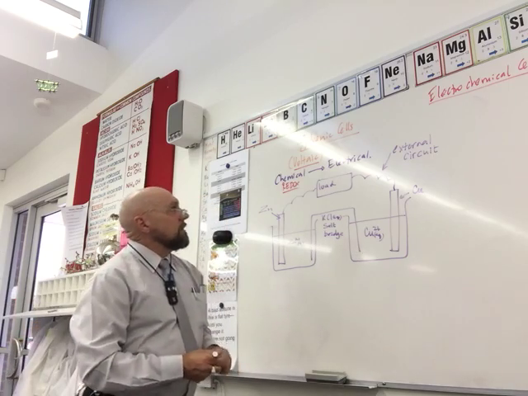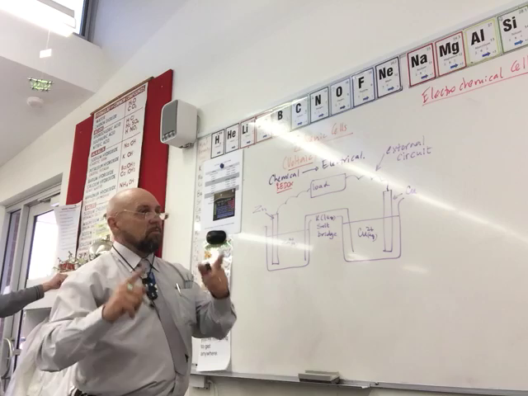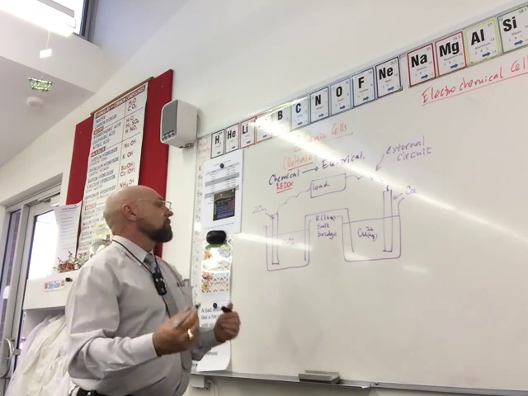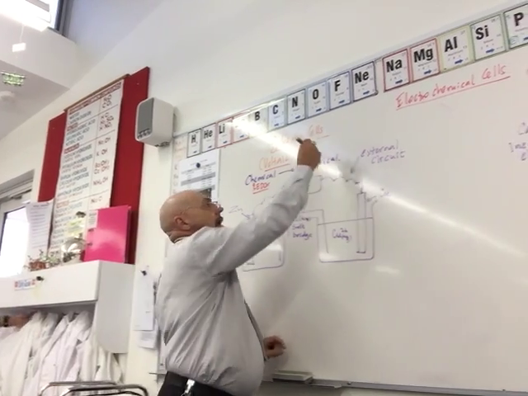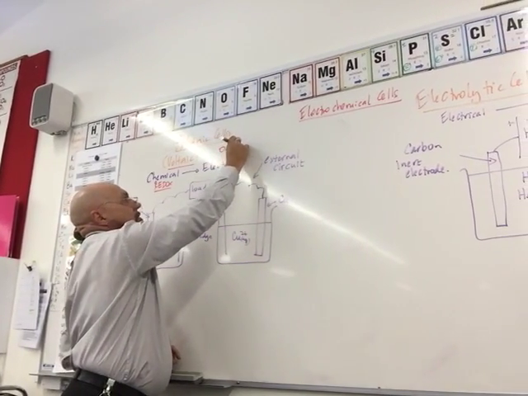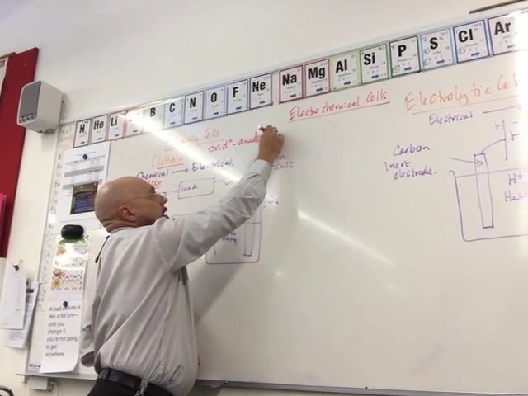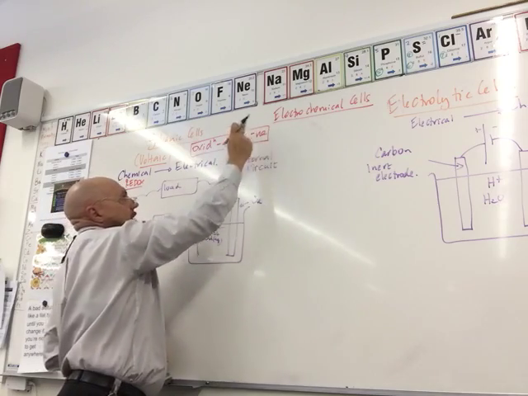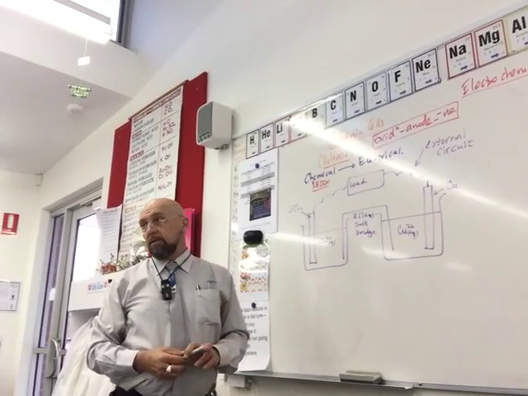When we do galvanic cells, we've got to remember three things, okay? And they are oxidation, anode, negative. So in a minute, when I tell you to go write this down, you're going to attach that to your memory for galvanic cell.